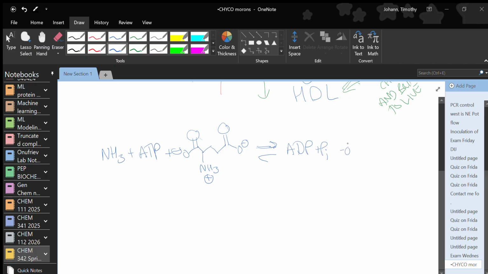We're going to make glutamine. Glutamine synthetase, because it uses ATP. Okay, glutamine like that. And so our enzyme here is glutamine synthetase.